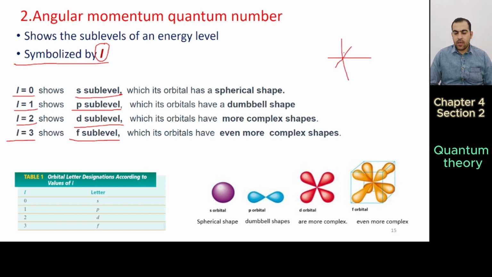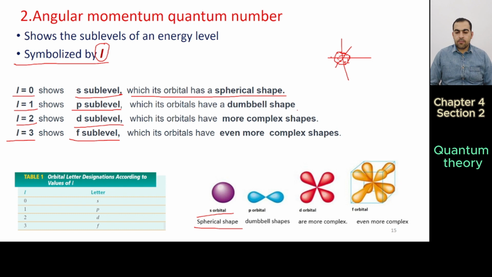For example, electrons in an s orbital, when they move, at the end get a shape, which is spherical. This is the s sublevel orbitals. The electrons make this spherical shape.